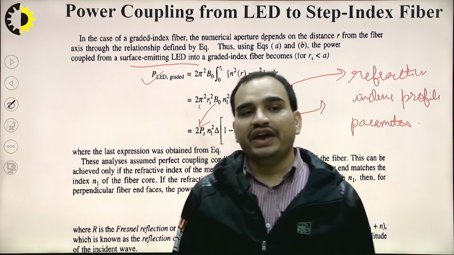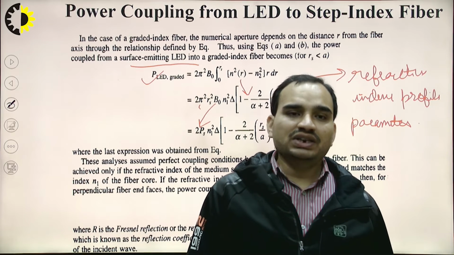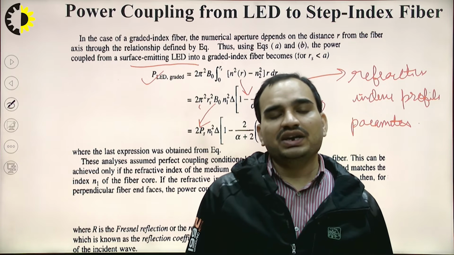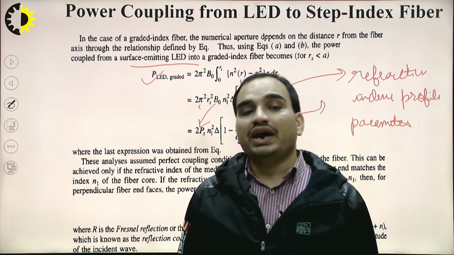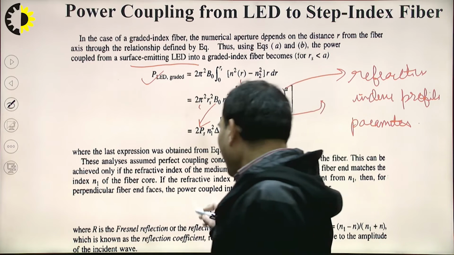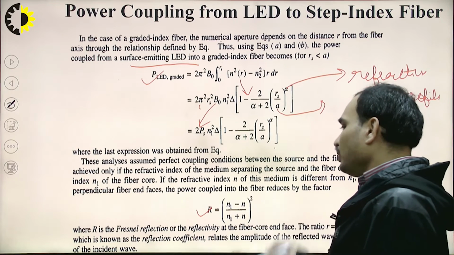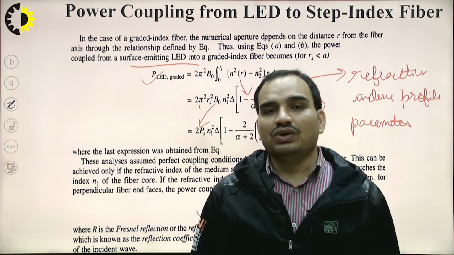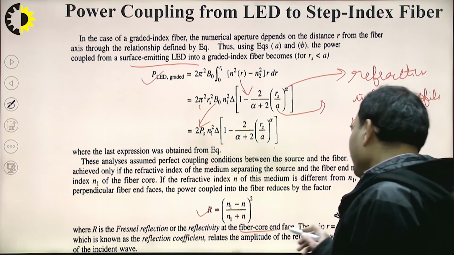So if the refractive index N of the medium is different from N1, then for a particular fiber end face, the power coupled into the fiber reduces by the factor given by R, that is N1 minus N by N1 plus N whole square, where R is the Fresnel's reflection or the reflectivity at the fiber core end face.